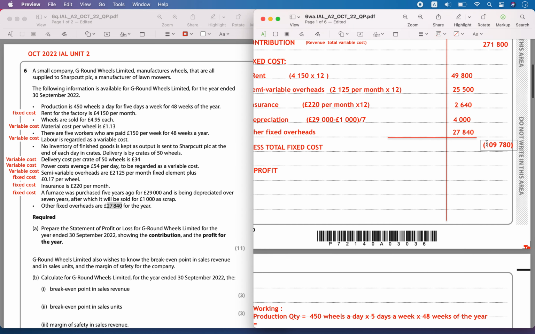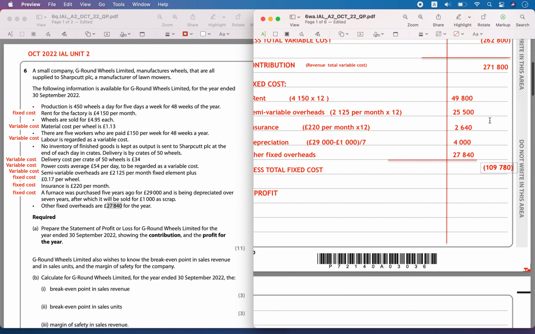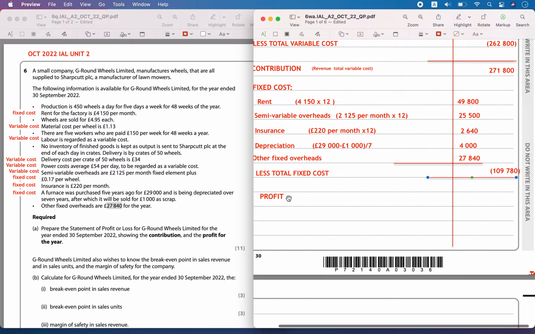Now from the contribution, 271,800, I am going to subtract the total fixed cost. That is going to give you if it is a profit or a loss. Since the contribution is greater than this, it is a profit.